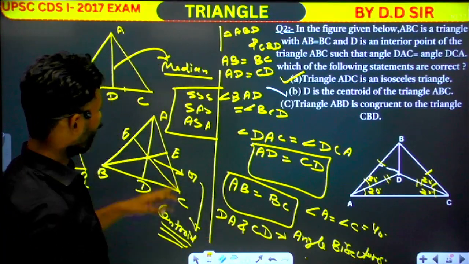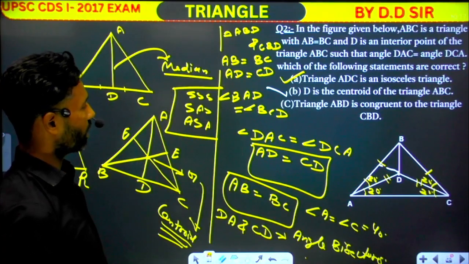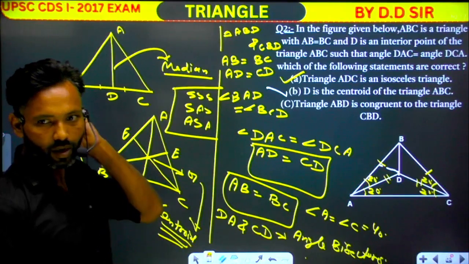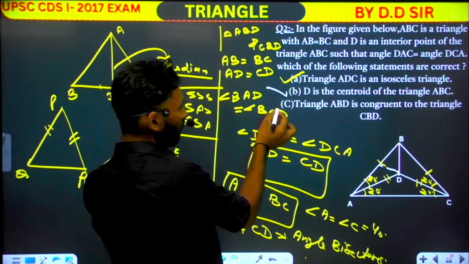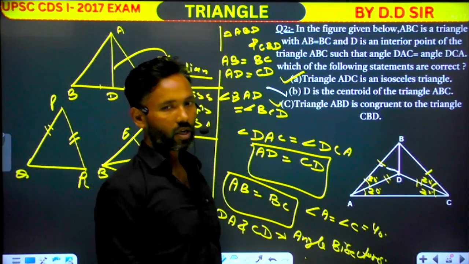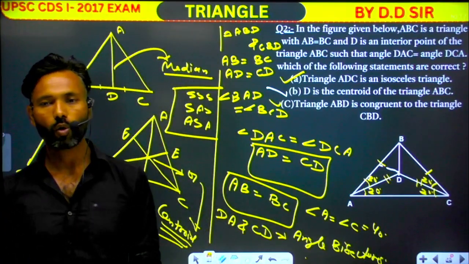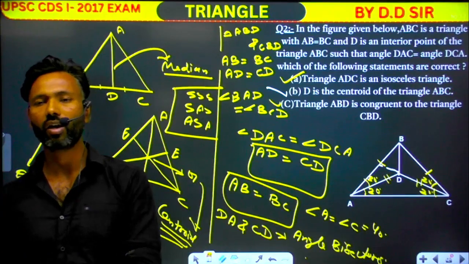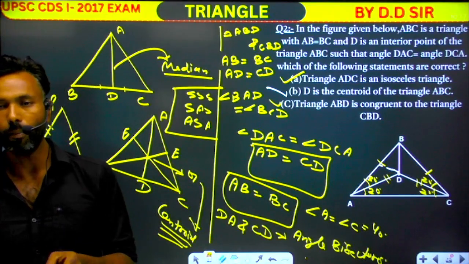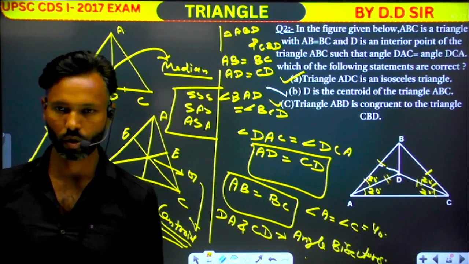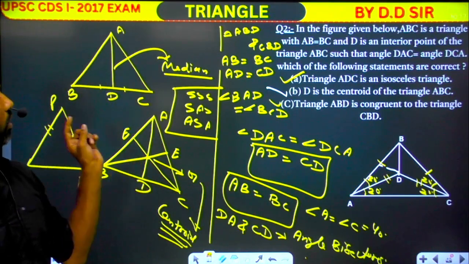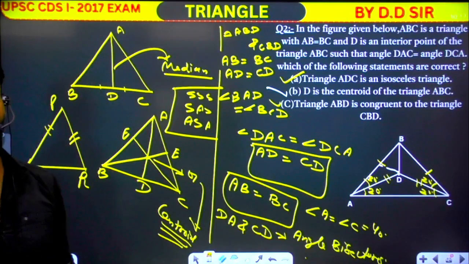So the side angle side property is applicable here. So I can say the third statement is also correct. So you can say all three statements are correct in this particular question based on the provided information. Got it? So it was the question which was asked in the 2017 CDS examination.